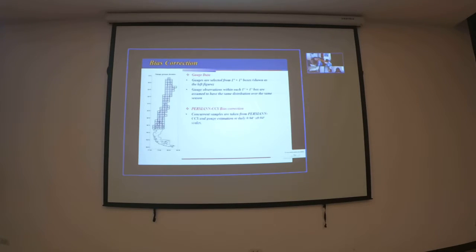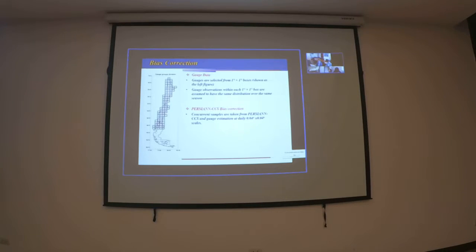And then the bias correction of our data using gauge data is done in this way. We collect the concurrent samples from our estimates and also the gauge estimates.